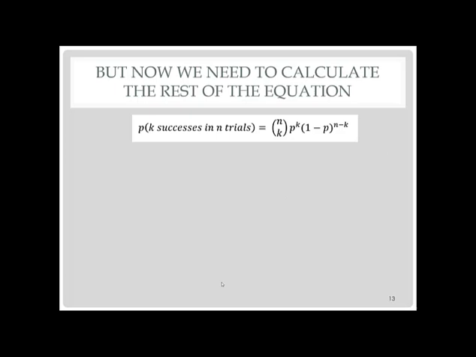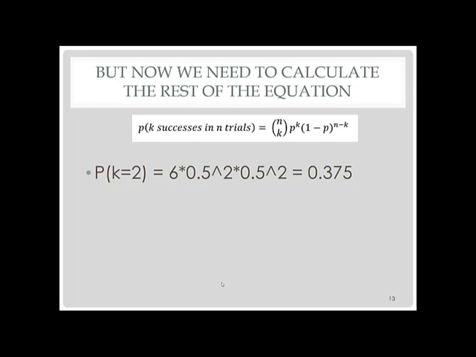Let's do the second part now. Here is the formula again. Probability of K successes in N trials is N choose K, P to the K, 1 minus P to the N minus K. Remember that P is 0.5. K is going to be either 2, 3, or 4, and N is 4.